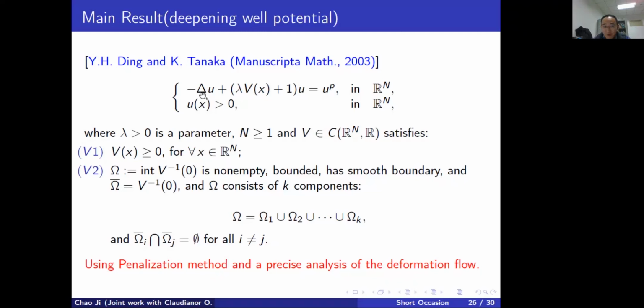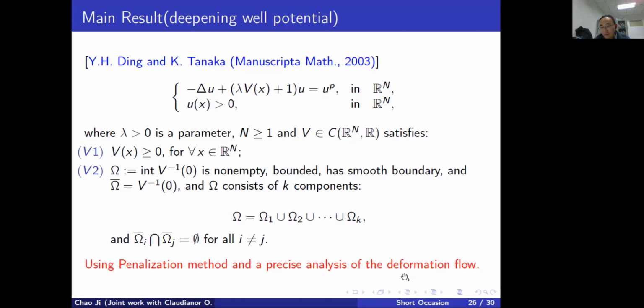Ding and Tanaka want to get some special solution, not just a solution. So they consider this problem on a special set by a process analysis and the deformation flow.